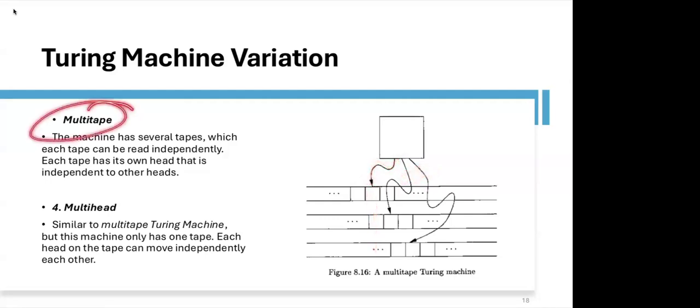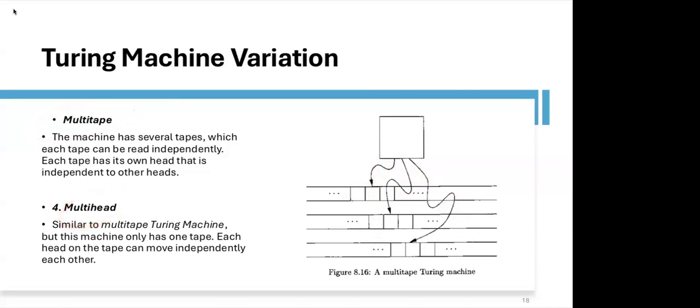In multi-tape, each head can move independently: one may move to the left or the right, and another also can be moved to the left or the right.